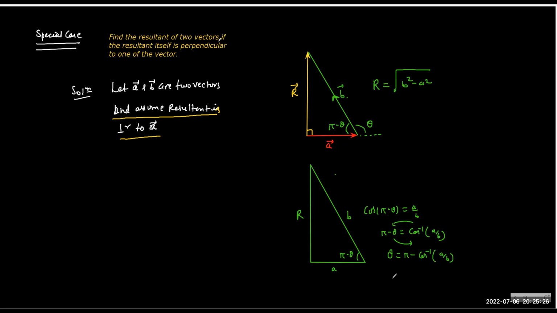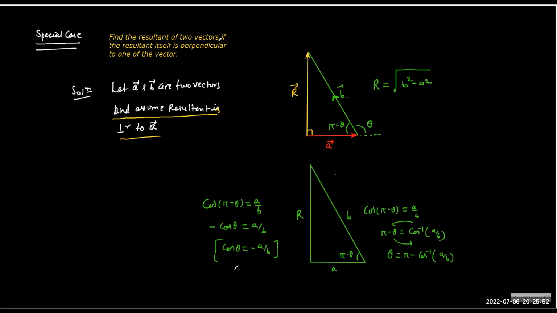There is another way of writing. If cos(pi minus theta) is A by B, then from trigonometry, cos(180 minus theta) is minus cos theta, and therefore cos theta also becomes minus A by B.